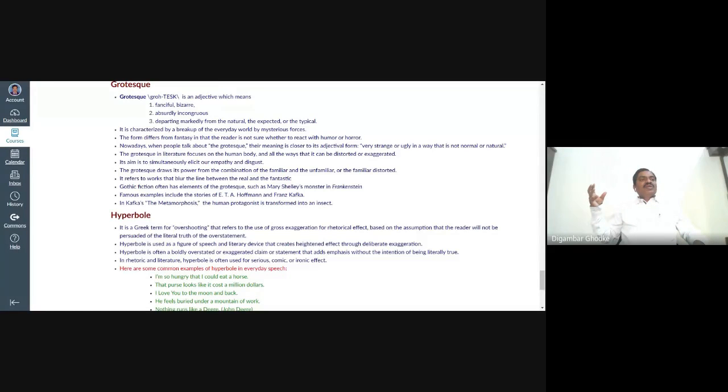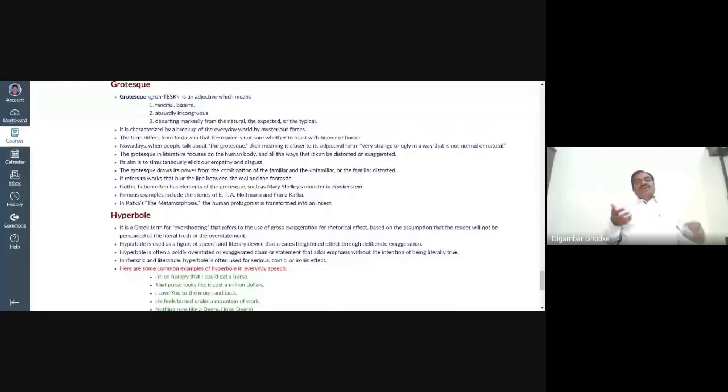For example, in many of the Hindi movies, you come across a villain with a very strange body or physical appearance, in horror movies especially. So that is what grotesque is. In children's literature as well, you come across a kind of Satan, a kind of demon with four hands or with two heads or with a different appearance.